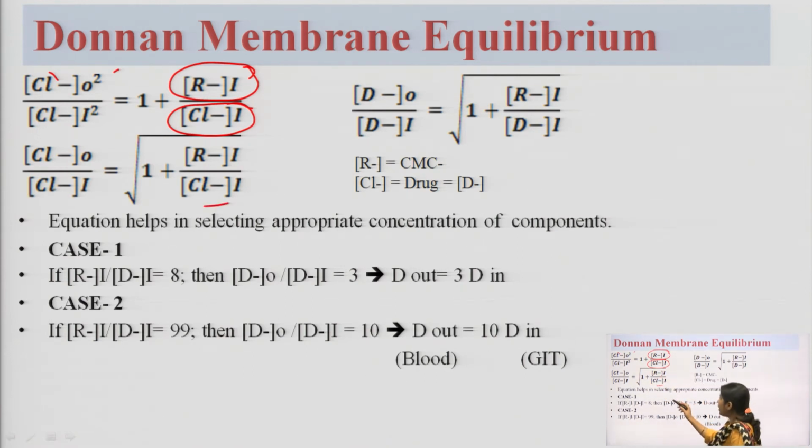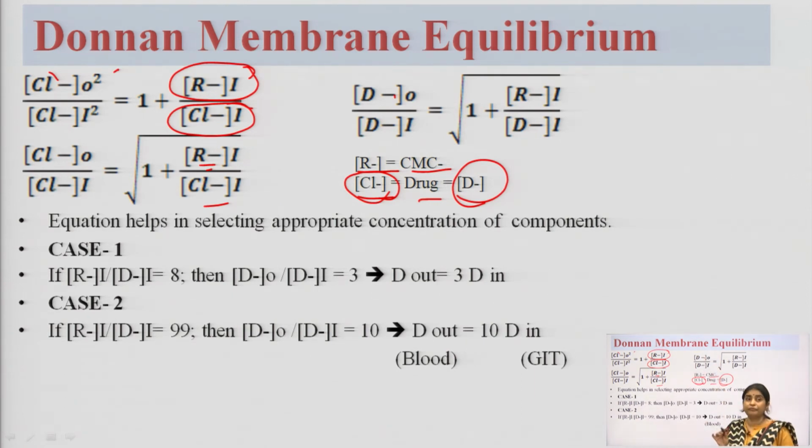Okay. So now, in place of R, as we have taken the example of sodium carboxymethyl cellulose, in place of R minus we can use CMC, and in place of chloride we can use drug. Here we have replaced the chloride term with the concentration of drug, the anionic drug.